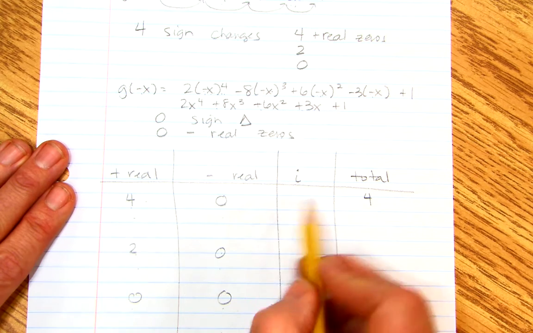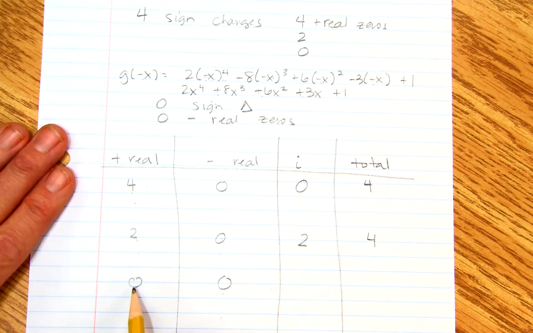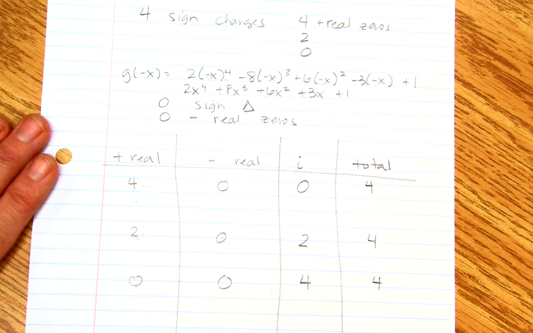So if I have 4 positive real zeros, I won't have any imaginary zeros. If I have 2 positive real zeros, no negative, I would have to have 2 imaginary. And if I had 0 positive real zeros, 0 negative real zeros, I'd have to have 4 imaginary zeros. So these are the possibilities.